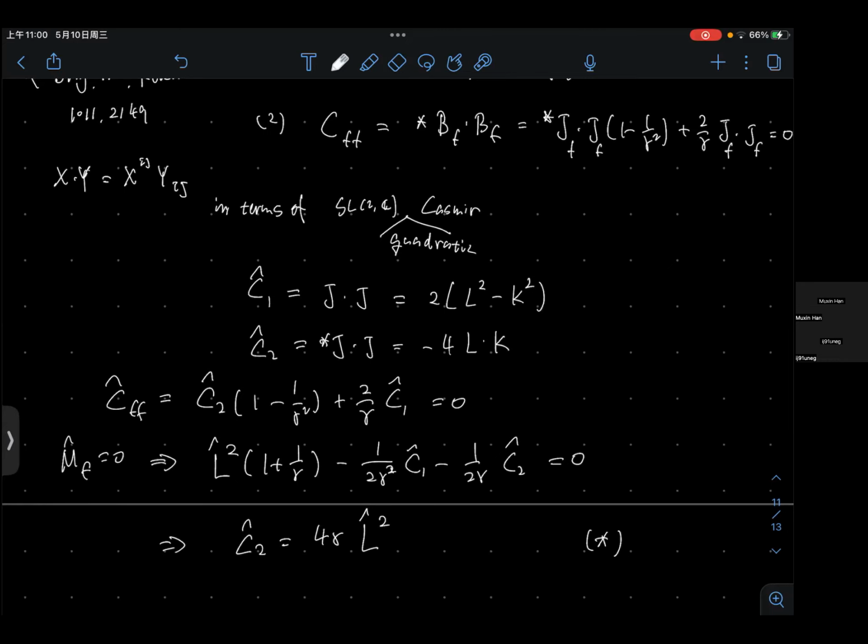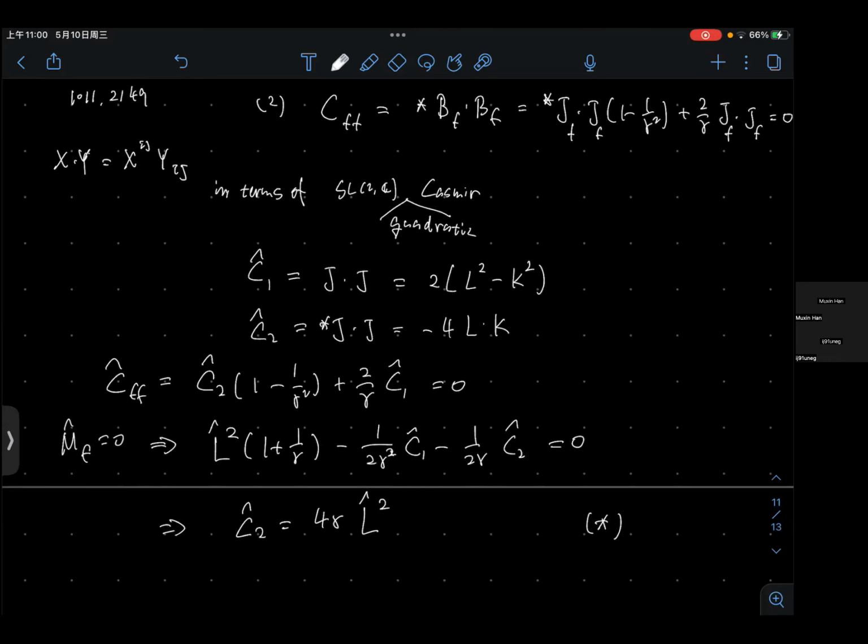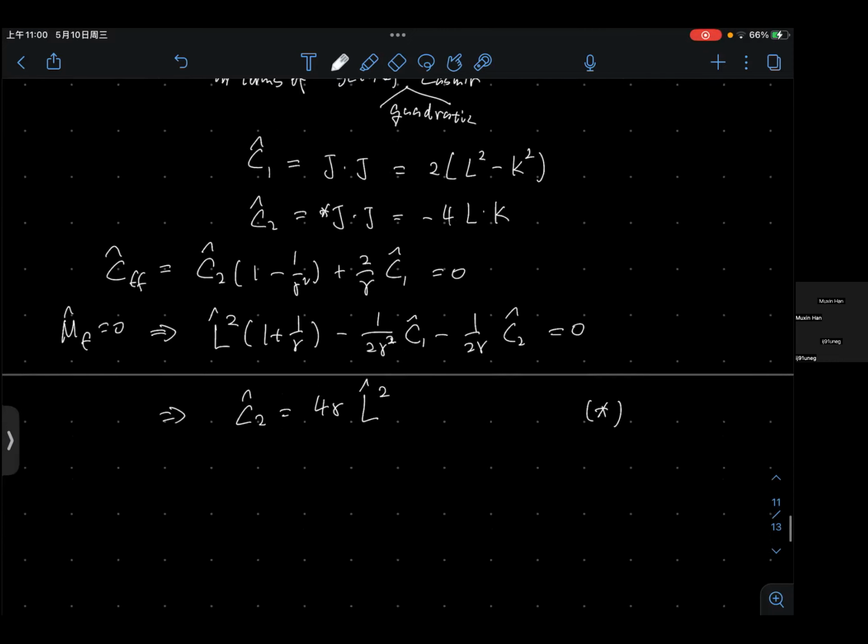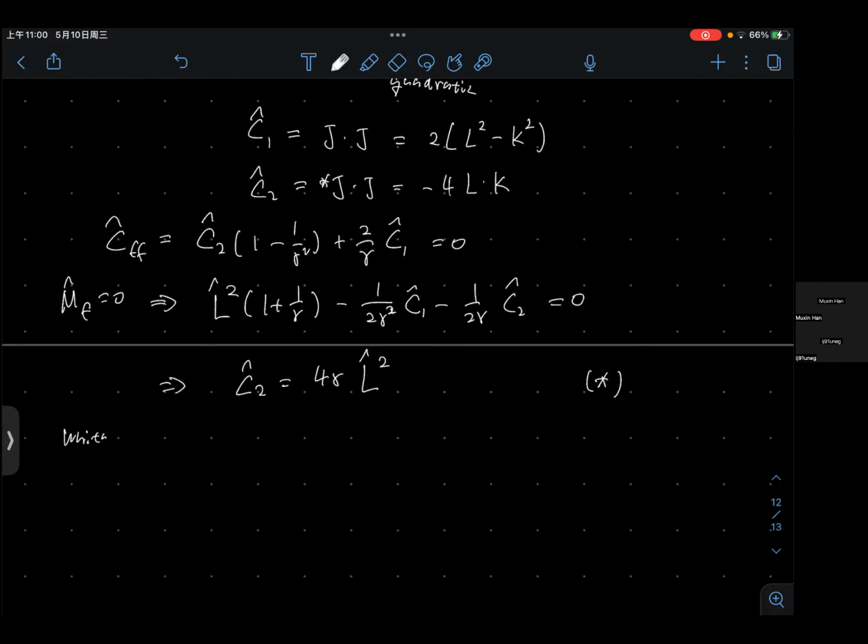Now, because C1 and C2 are quadratic Casimirs, for any irreducible representation of SL2C these quadratic Casimirs are just a constant multiple of the identity operator. So now let's look at the unitary irreducible representations of SL2C.